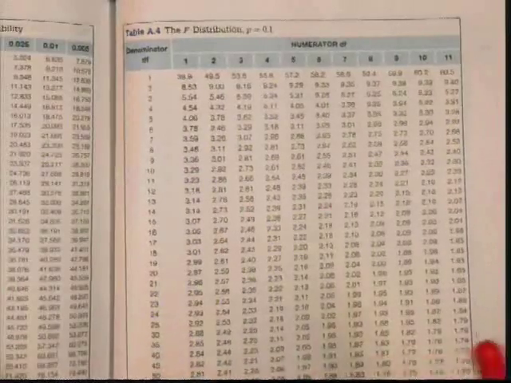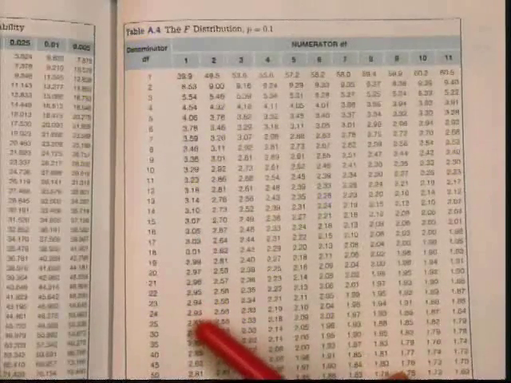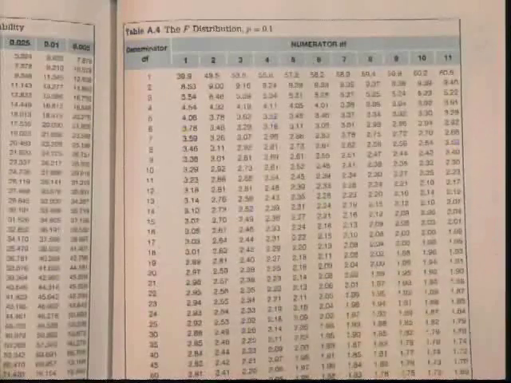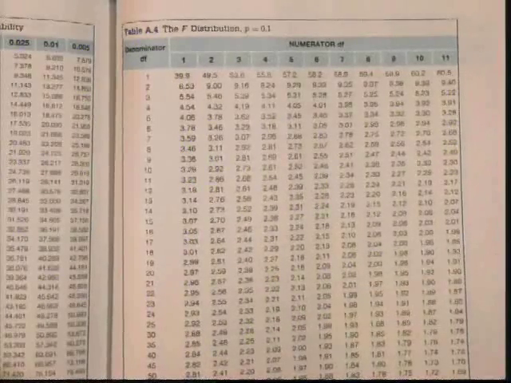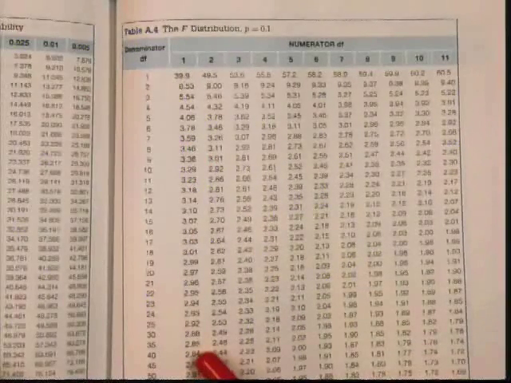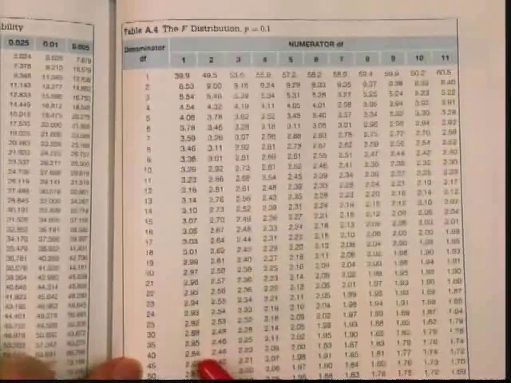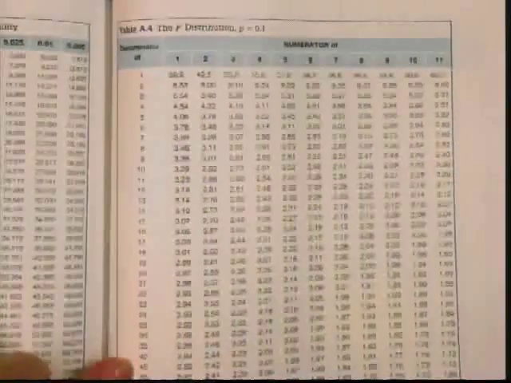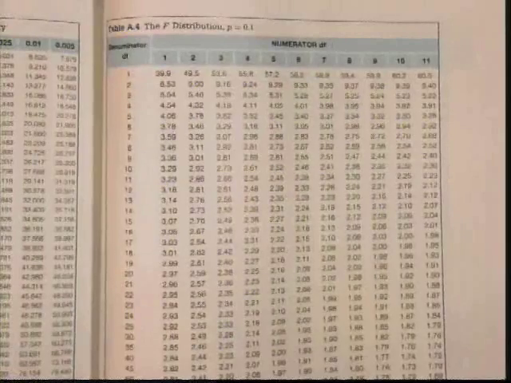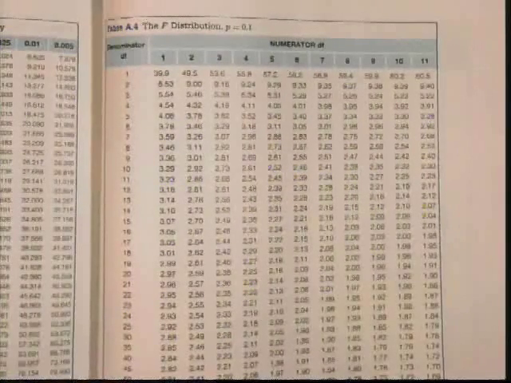If you look at adjacent numbers, the changes are getting very small. Going from 40 degrees of freedom to 45 in this first column, the change in F is only 0.02, so filling it in isn't going to give you a lot more information.